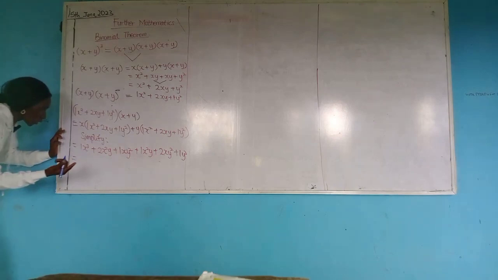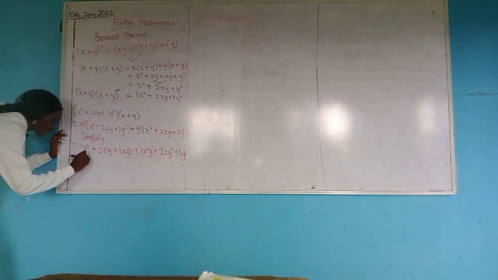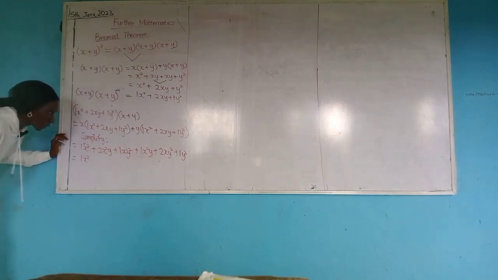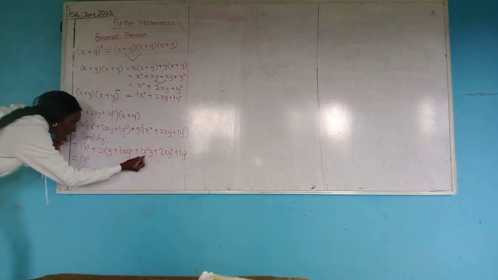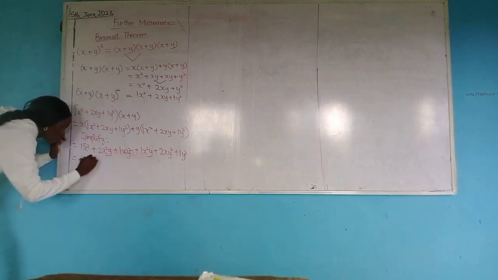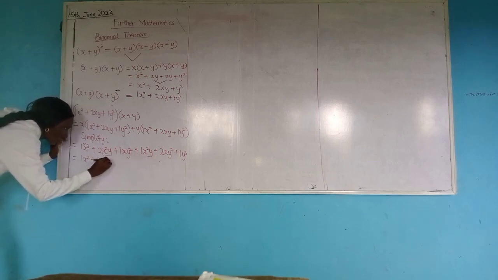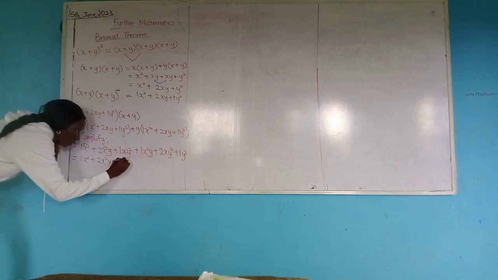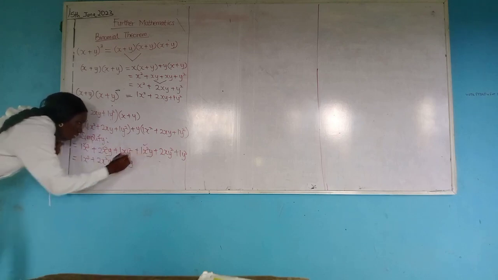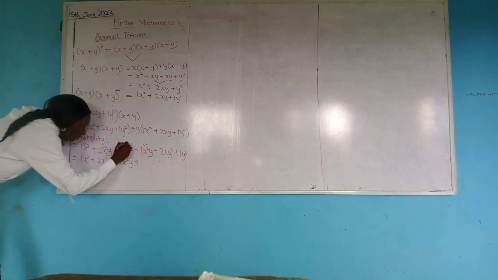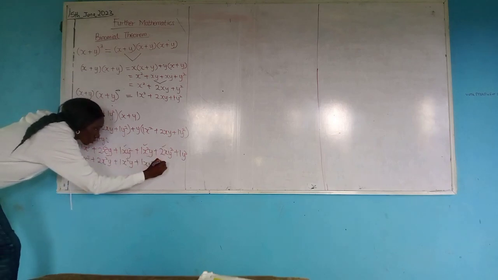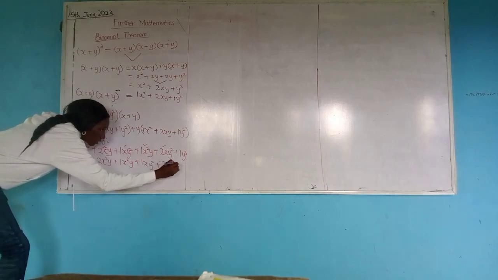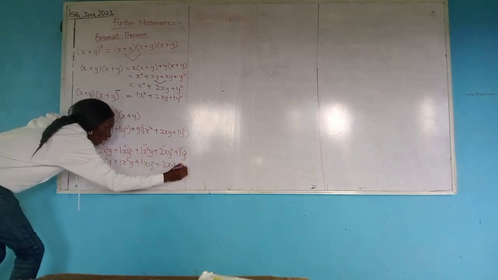So to simplify this further, I'm going to be collecting the like terms. What looks alike, you can see that this and this look alike. I'm just going to write it out so that it will be very obvious. I'm collecting the like terms: 1xy squared, 2xy squared, then finally 1y cubed.